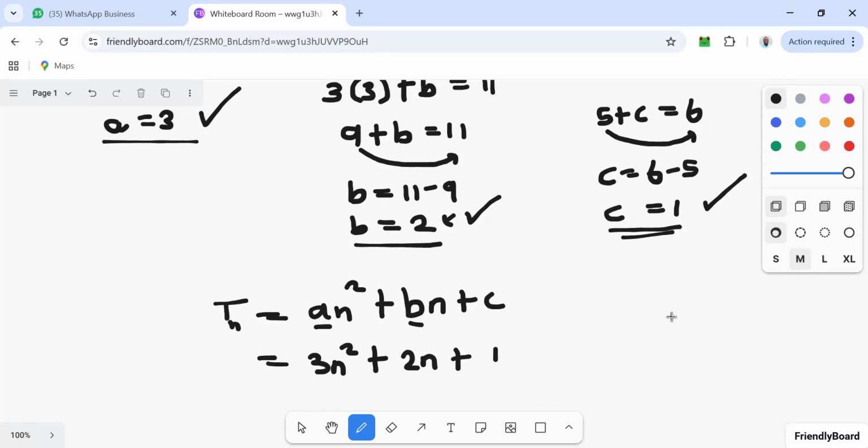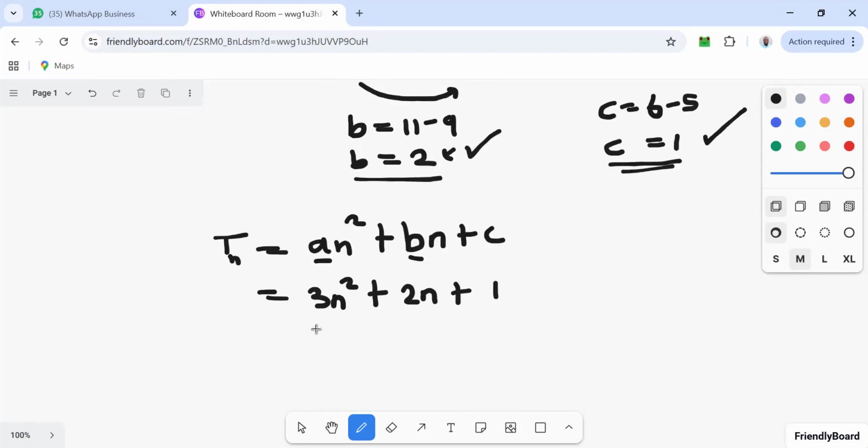So this is what I have now: 3n squared plus 2n plus 1. So this becomes the nth term rule. This becomes the nth term of 6, 17, 34, 57, 86, and 121.